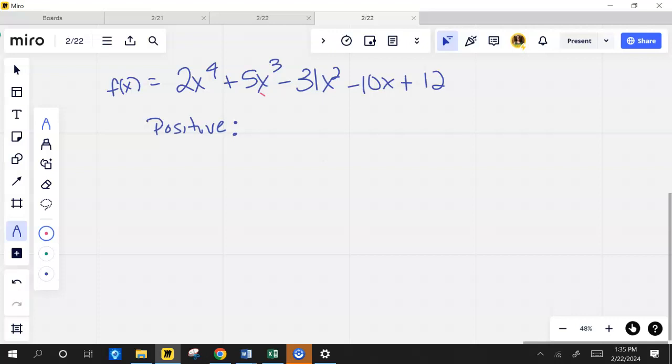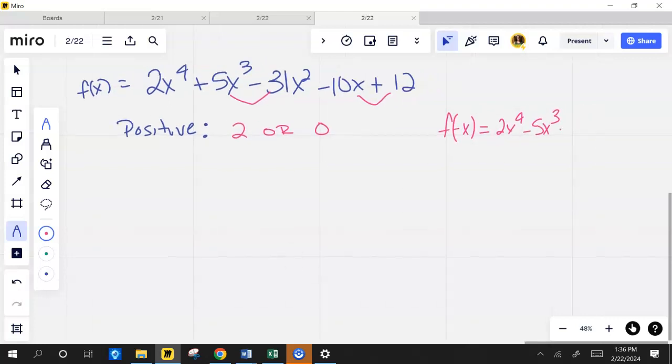Positive's going to be 2 or 0. And for negatives, remember the sign of every odd exponent's going to change.